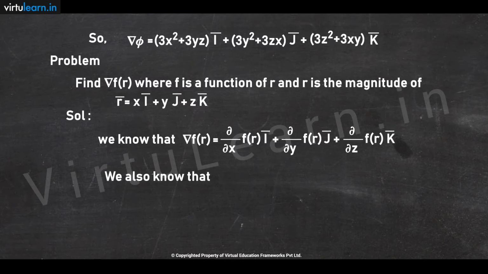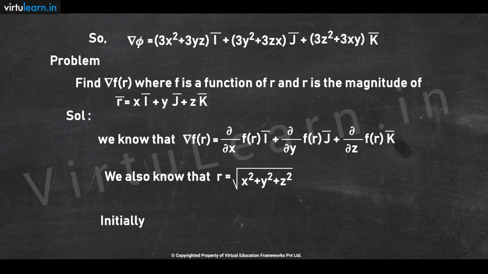We also know that r is equal to square root of x square plus y square plus z square. Here f is a function of r, and r is a function of x, y, z. So, while determining partial derivatives, we apply the function of function rule.